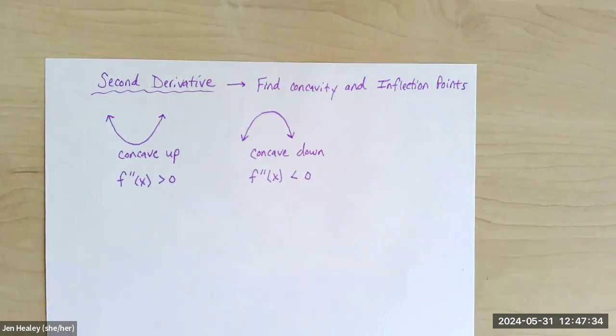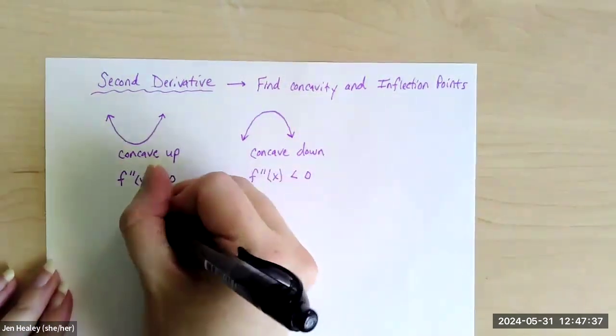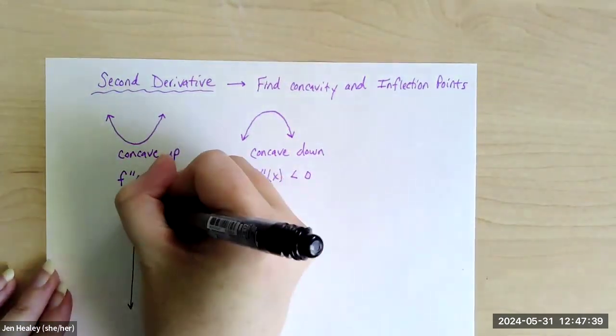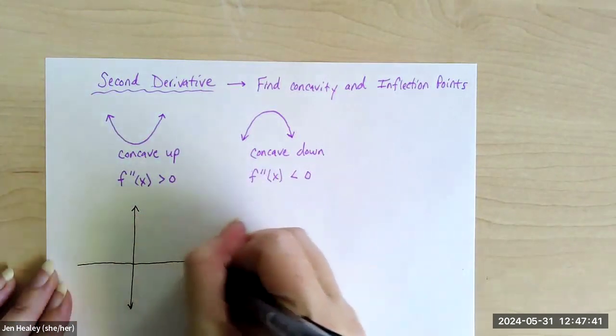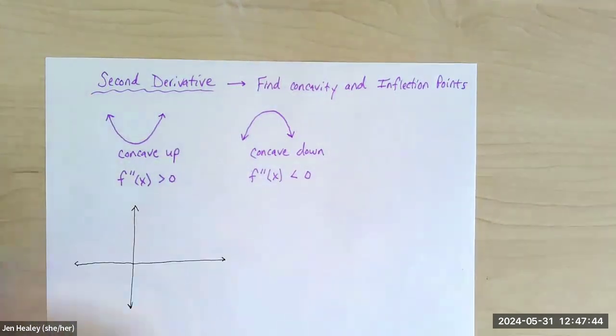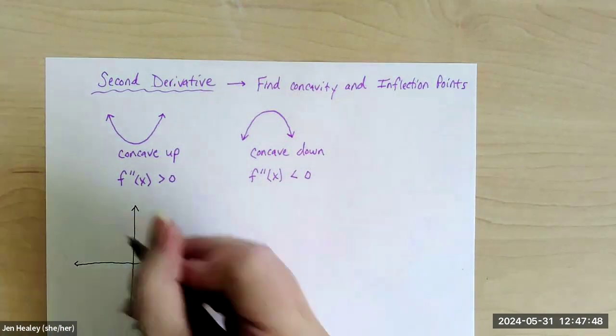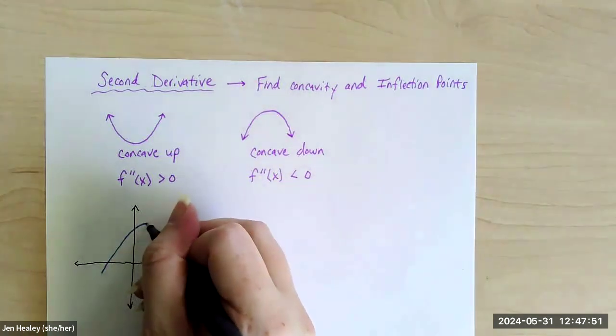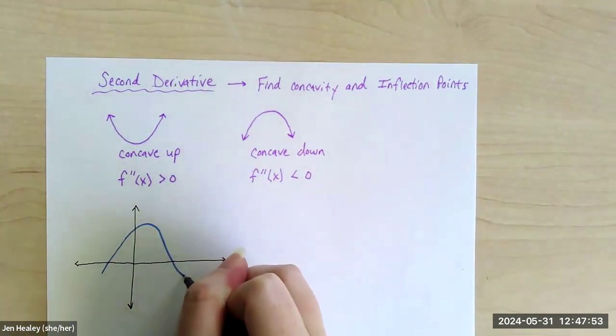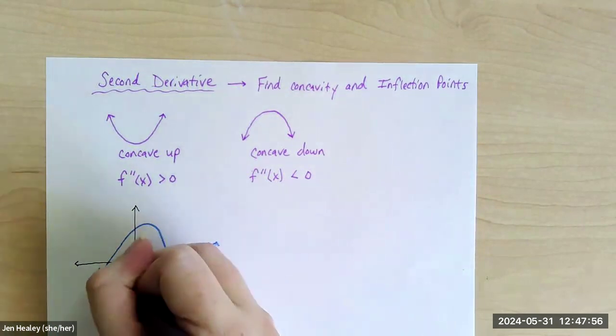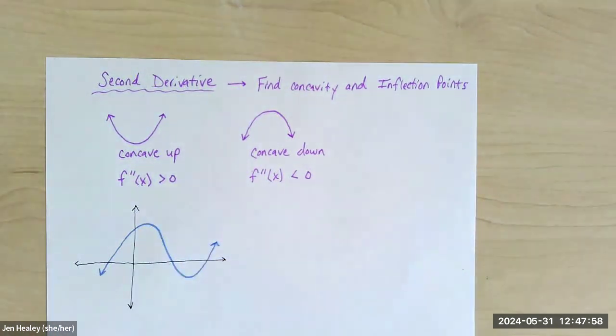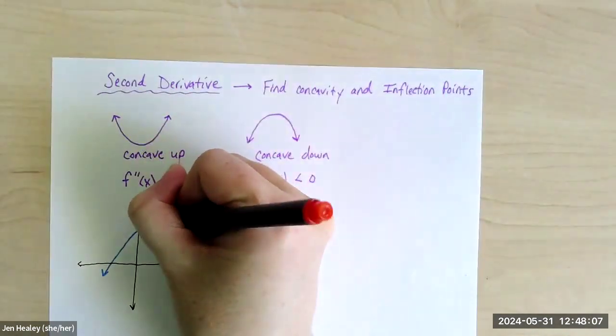So we have scenarios, sort of like the graph that we had talked about originally, where you might have something like this going on. And what we would say is that we've got a local max happening right here.